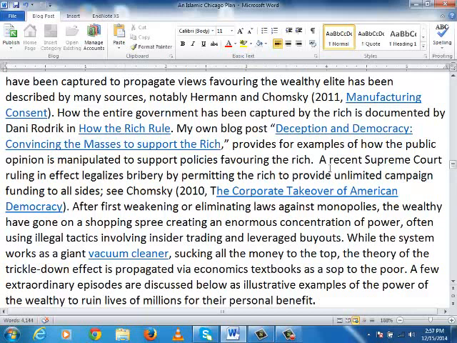look, basically that's what I'm saying here. There is a book by Herman and Chomsky called Manufacturing Consent. Basically, in a democracy, you need to convince people to do things which are against their interests. And so this is how they do it.